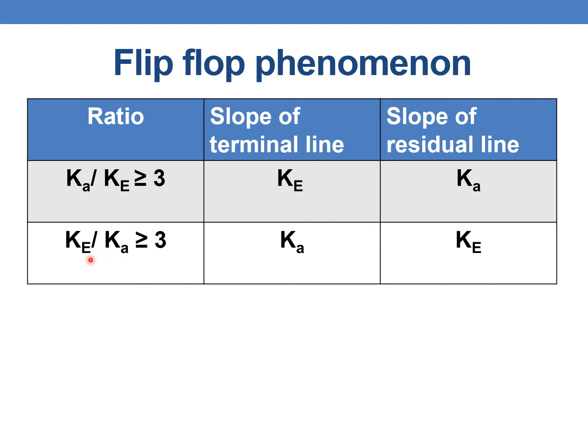In such cases, Ke by Ka is greater than or equal to 3. In this case, the slope of the terminal line yields the absorption rate constant and the slope of the residual line yields the elimination rate constant, and this phenomenon is called flip-flop because the slopes have interchanged their meaning.